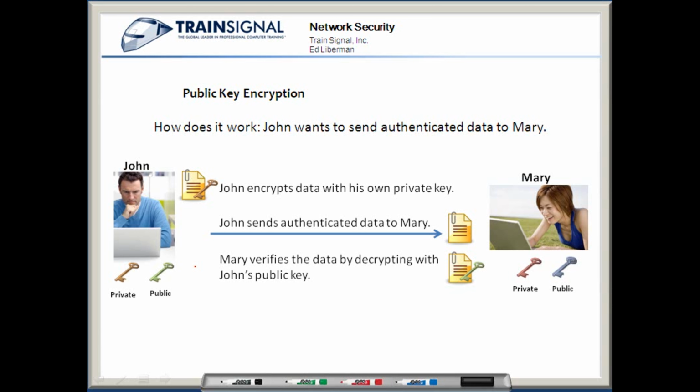And who has access to John's private key? Only John. Therefore, she is able to authenticate that this data truly came from John and was not tampered with along the way. And that's how this comes full circle and relates to user authentication: authentication can be done through public key encryption as part of a PKI, a public key infrastructure.